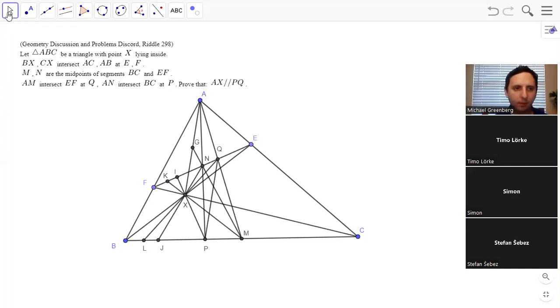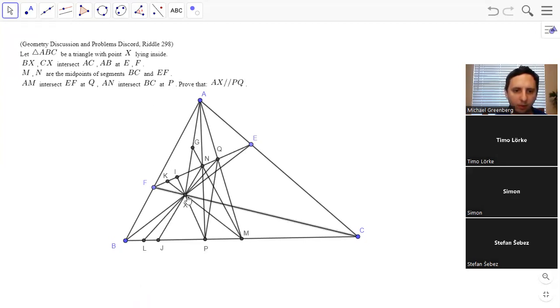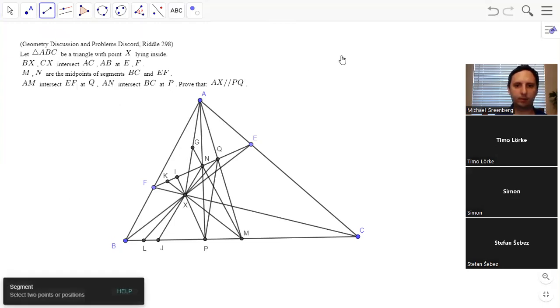Wait. Is it just obvious by projecting through X that AK and L have to be collinear? Because I think this might be true in general.